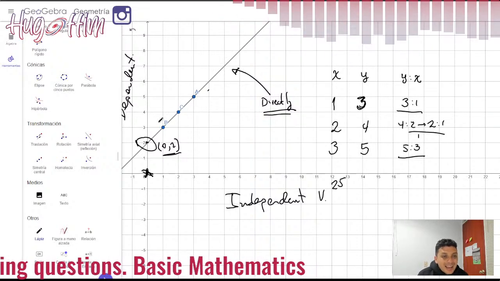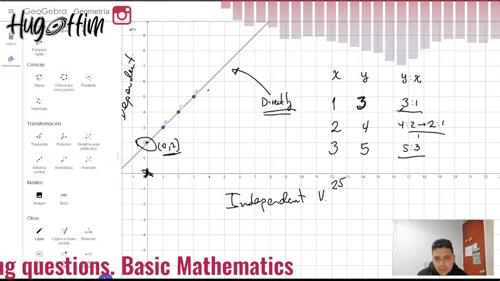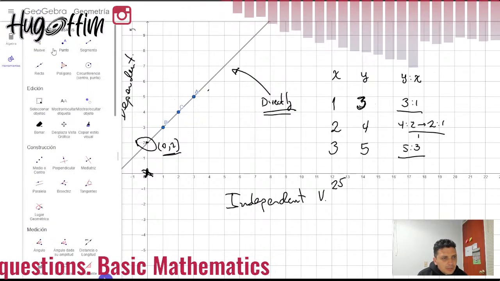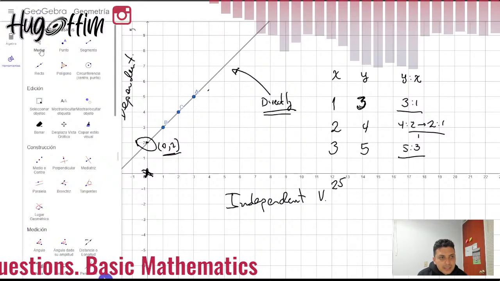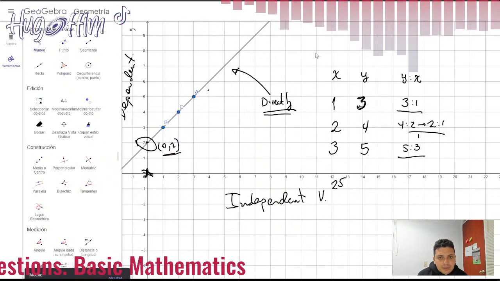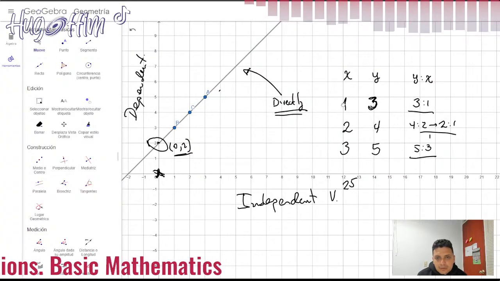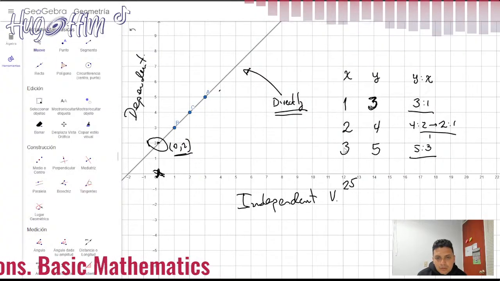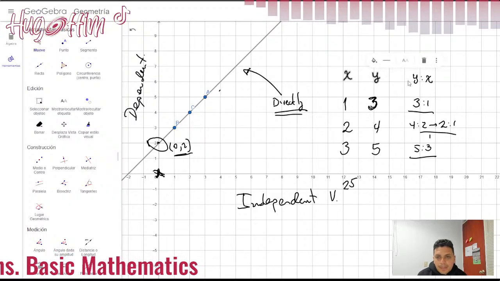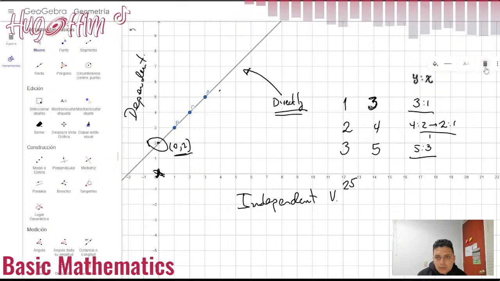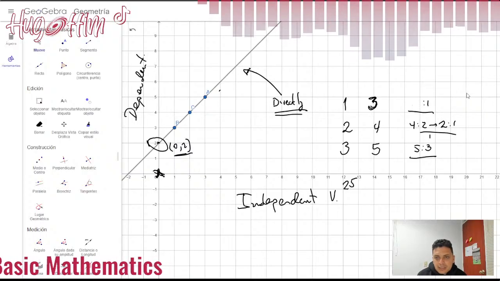Let's put a case in which they are directly proportional. In this case, it's not directly proportional, but let's try to get values in which it is directly proportional. I need to erase all of this. Give me a minute. Let's erase it.